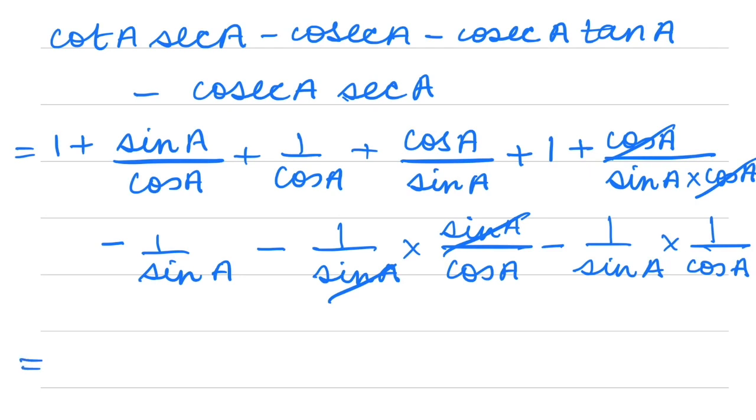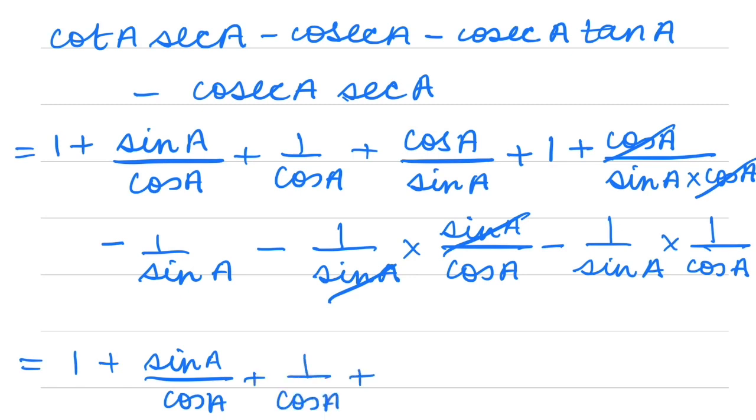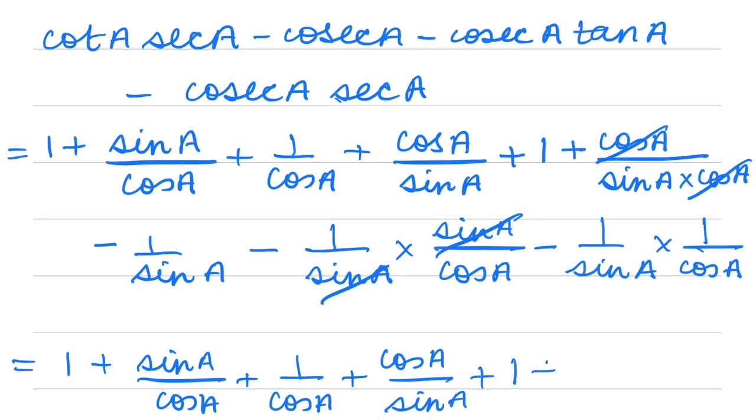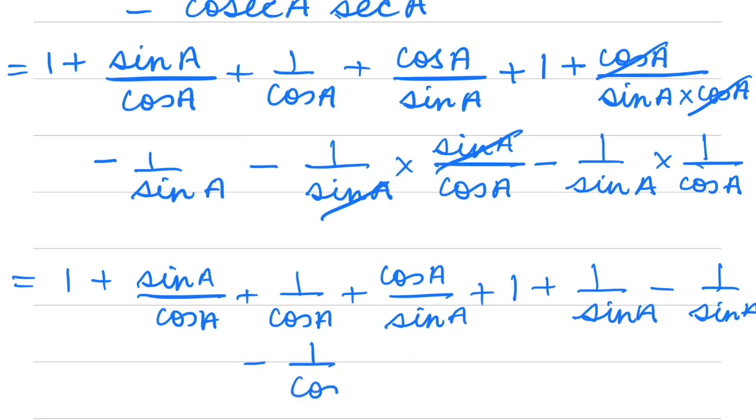Now we have 1 plus sin a by cos a plus 1 by cos a plus cos a by sin a plus 1 by sin a, minus 1 by sin a minus 1 by cos a, minus 1 by sin a cos a.